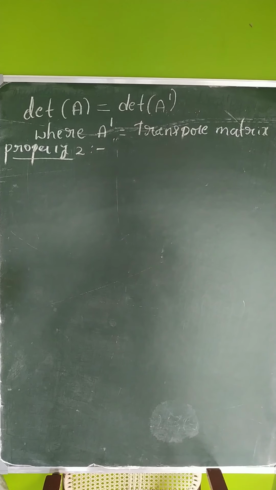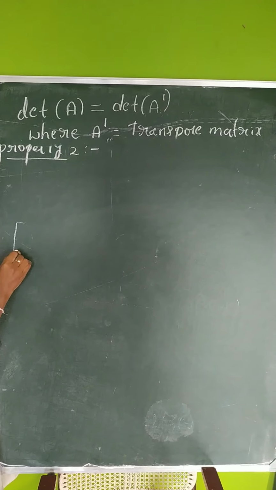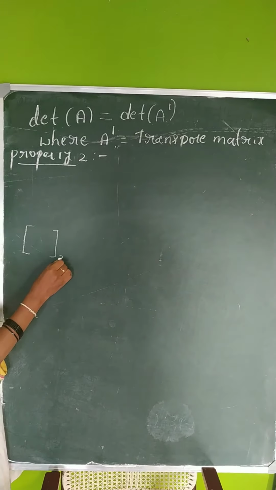Okay, I'll explain. I will consider a 3 cross 3 matrix, and next you will find the determinant of this. You just keep that as equation 1.